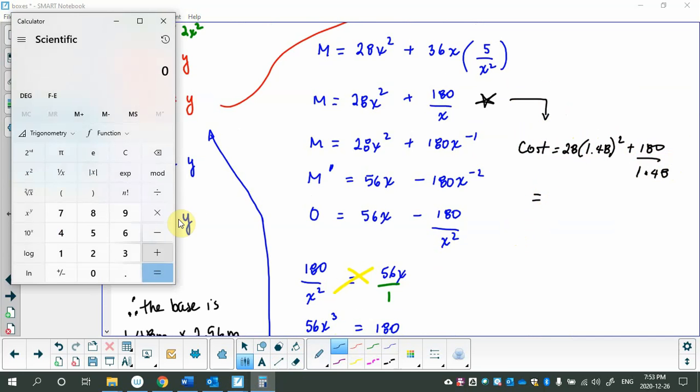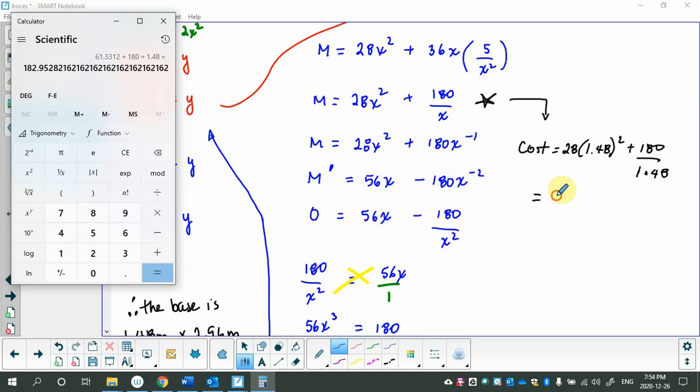Remember, this is dollars and cents. So 28 times 1.48 squared equals, add 180 divided by 1.48 equals, and I get 182.95.